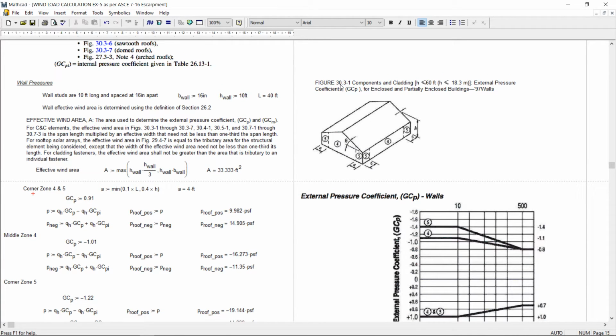As per figure 30.3-1, components and cladding, when h is less than or equal to 60 feet, external pressure coefficient GCp for enclosed and partially enclosed buildings are here.